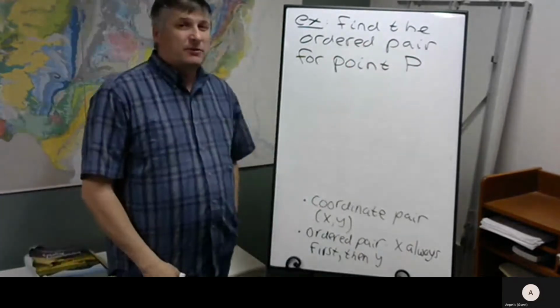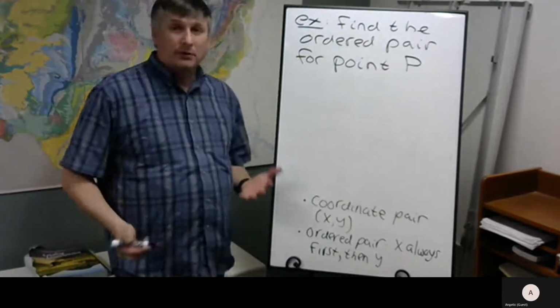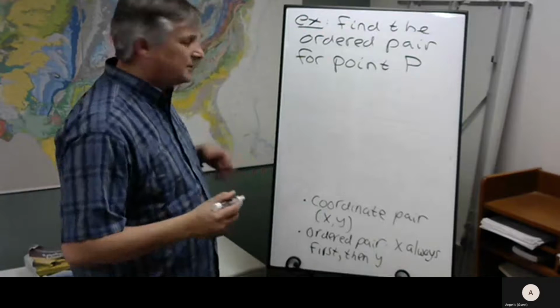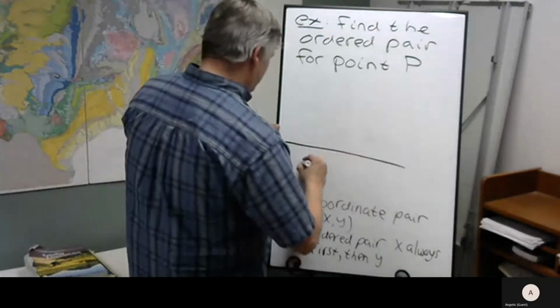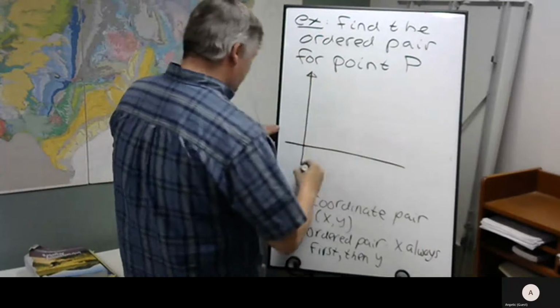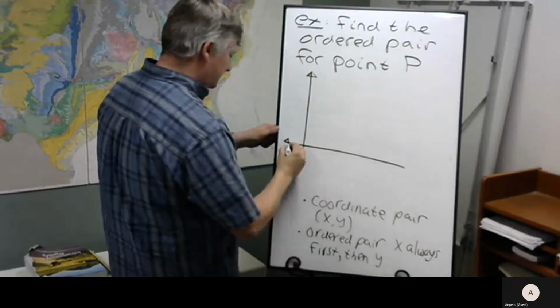So let's say we're looking for the ordered pair for some point P. And let's say P has this kind of location. I'll draw only part of the rectangular coordinates. You'll see this done from time to time.